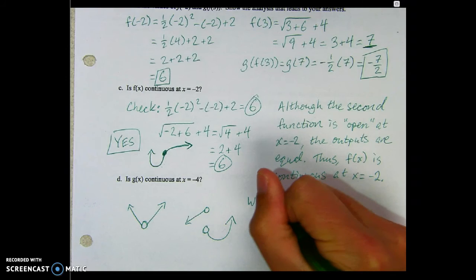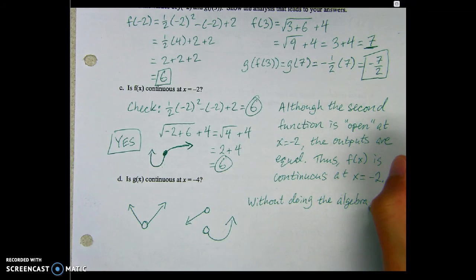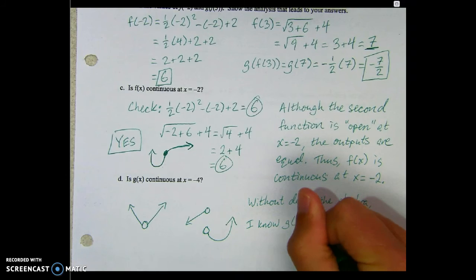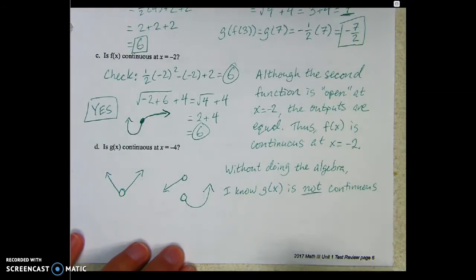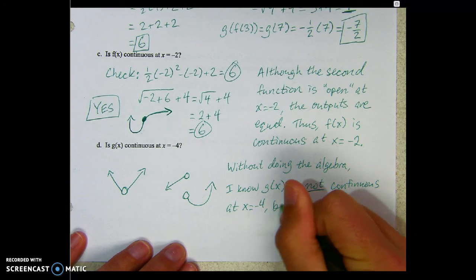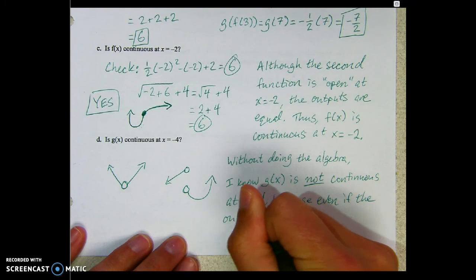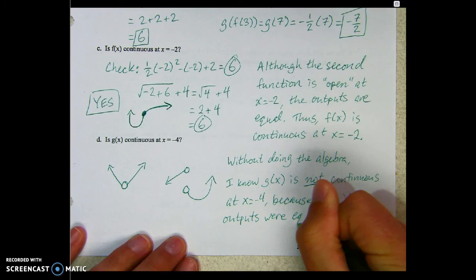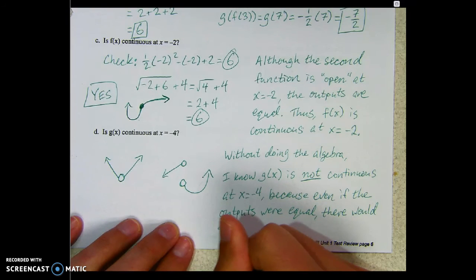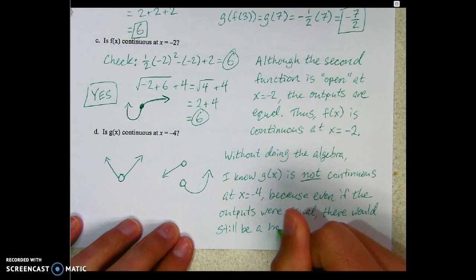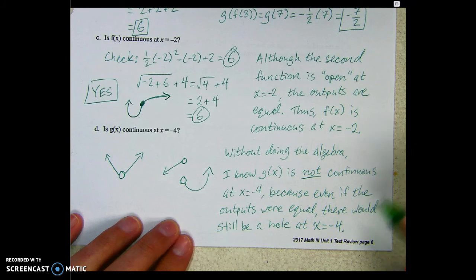So, without doing the algebra, so to speak, I know g of x is not continuous at x equals -4 because even if the outputs were equal, there would still be a hole at x equals -4, as pictured on the left over here.